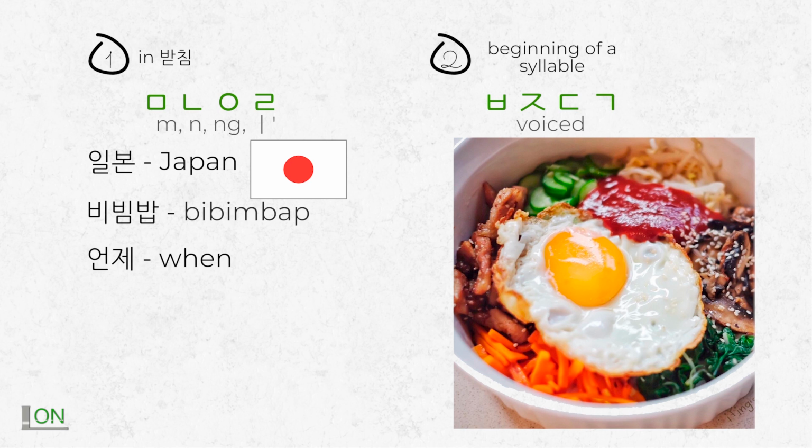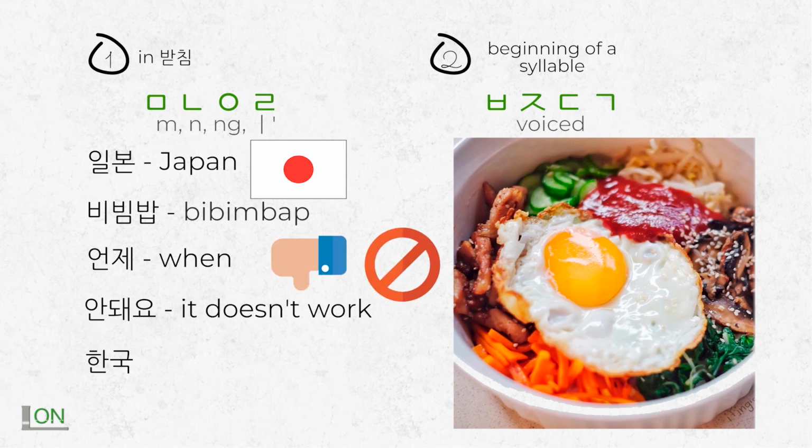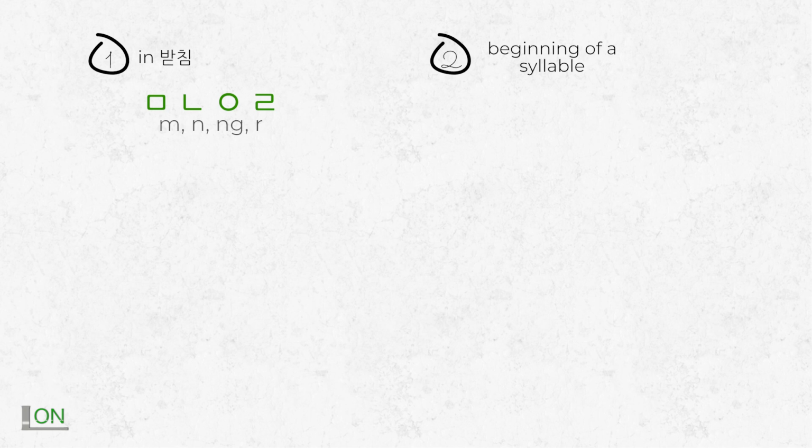언제, when. 안 돼요, it doesn't work. Hangul, South Korea. So when in Pachim there are letters M, N, and R, in this case, this R is going to be pronounced as R. And at the beginning of a syllable there is H. So H almost is not heard or even silent.